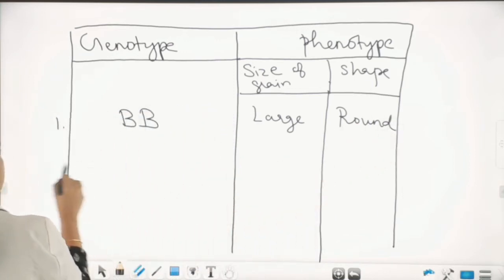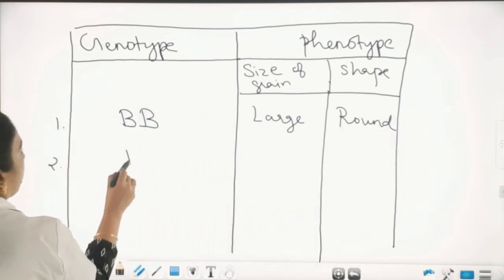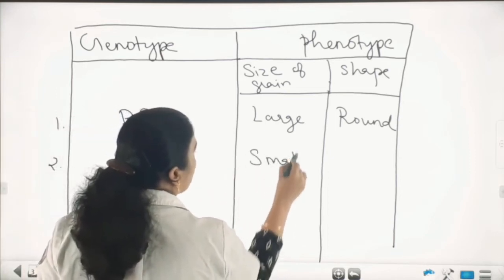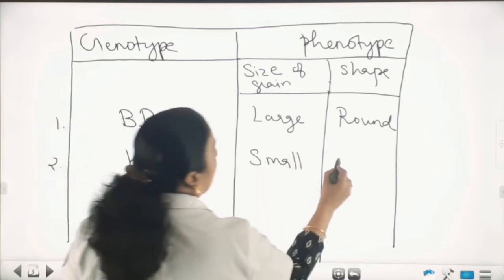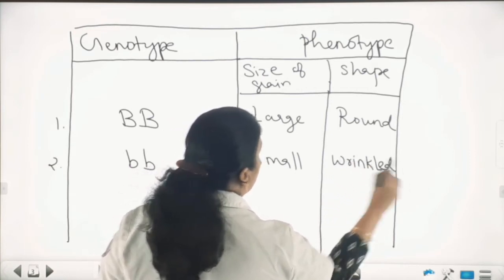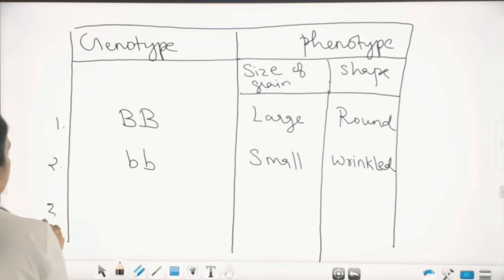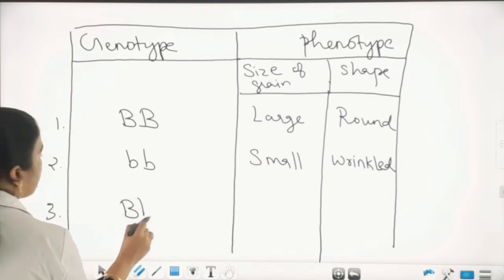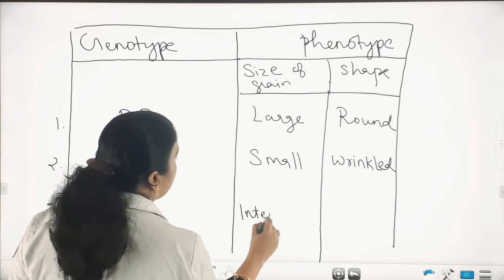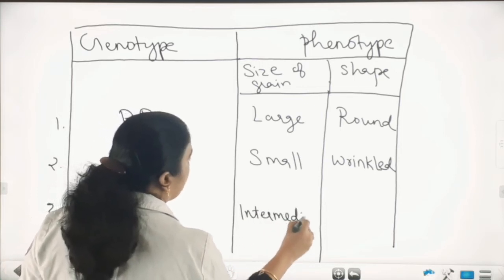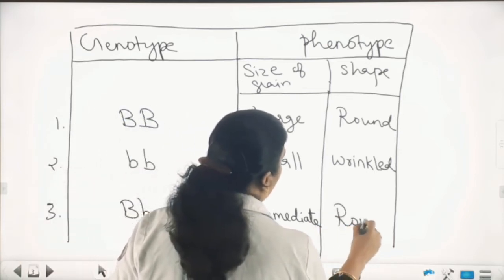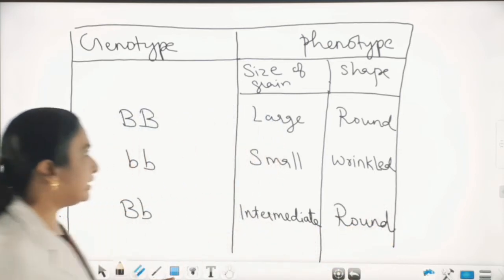Okay. And in the second case, small b: small sized grains or small sized seeds, and wrinkled shape. And the heterozygote, capital B, small b, the size is intermediate or medium, and the shape is round. Is it clear?